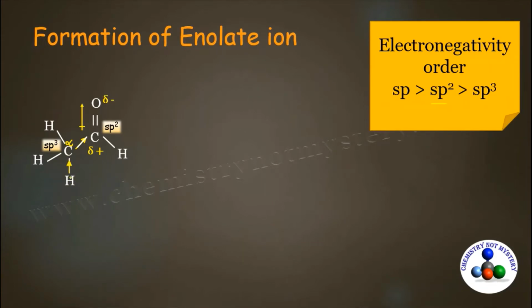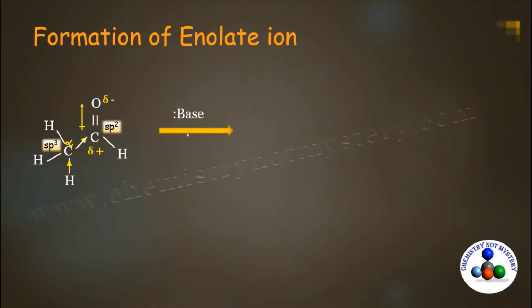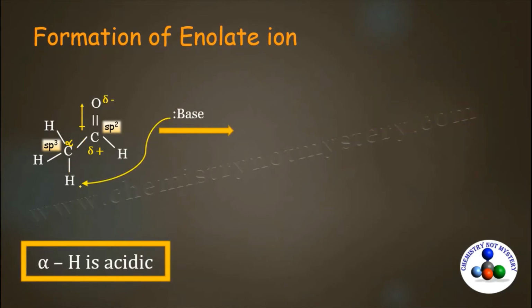So that's why this hydrogen becomes acidic in nature. That means this hydrogen can be released in the form of H+ ion. So the base will abstract this alpha hydrogen, and this alpha hydrogen will leave as H+ ion and transfer its bonding pair of electrons to the carbon. As a result, negative charge will develop over alpha carbon.